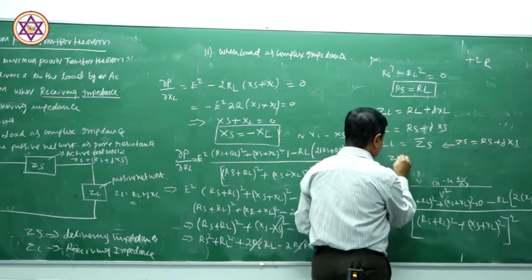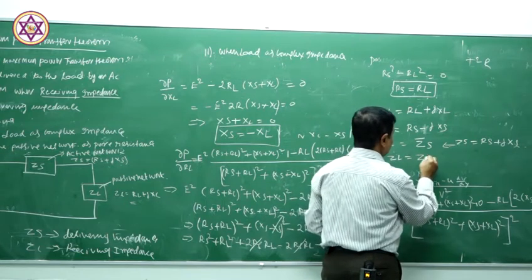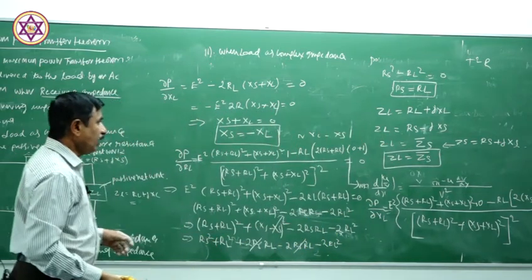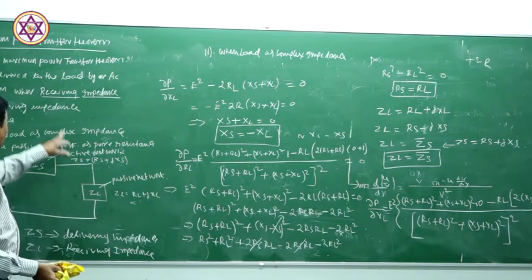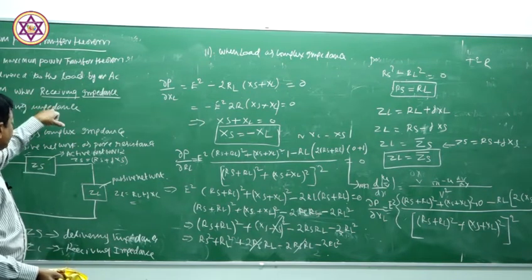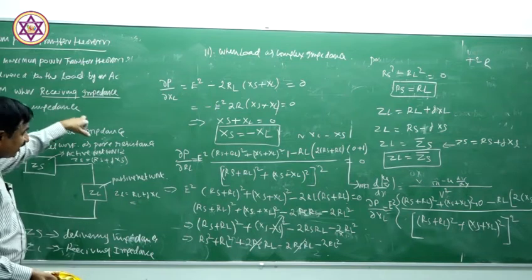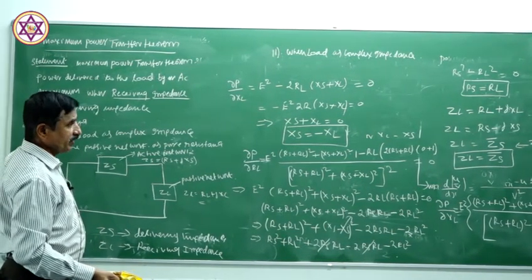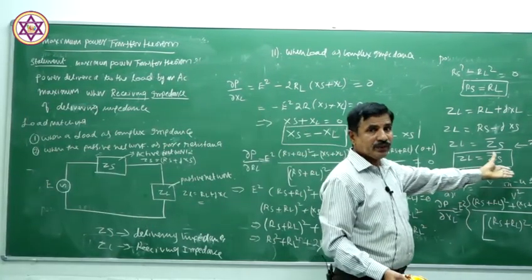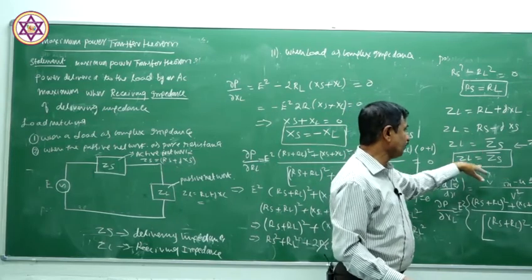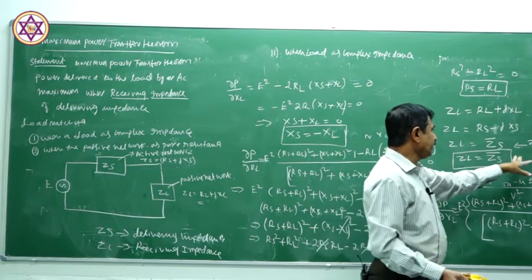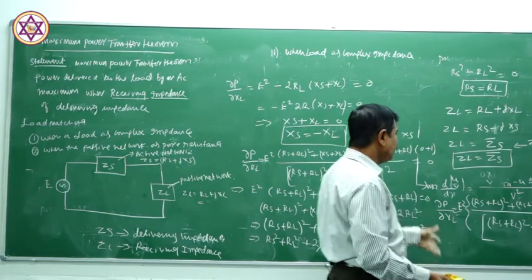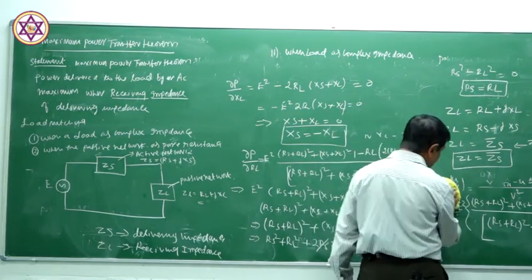Therefore, the load impedance is equal to the complex conjugate of the source impedance, and that is the receiving impedance. What the maximum power transfer theorem says is that the receiving impedance is equal to the complex conjugate of the delivering impedance. So we are able to prove that ZL is equal to ZS bar, the complex conjugate of ZS, the delivering impedance. So the maximum power transfer theorem is proved.